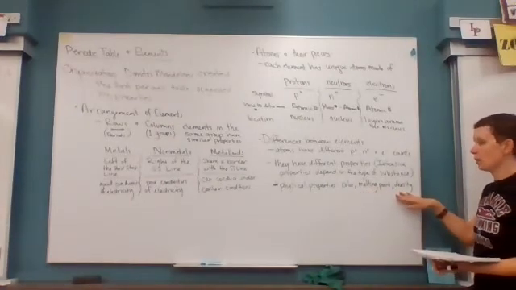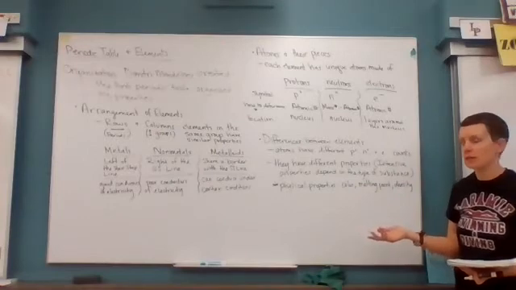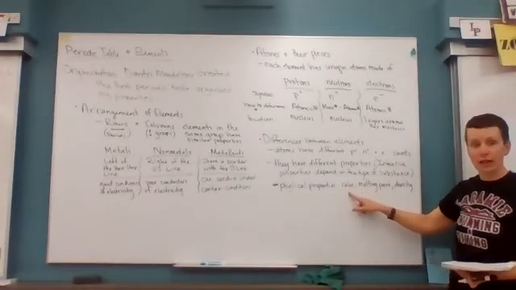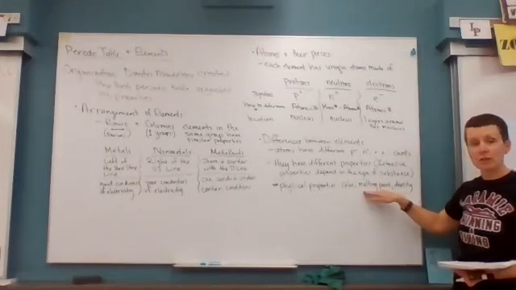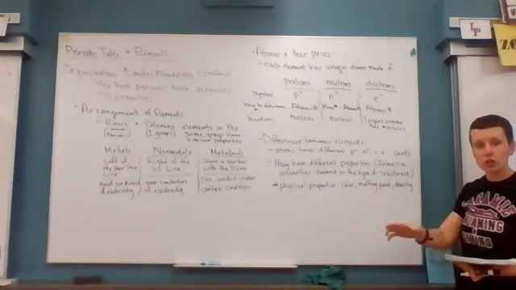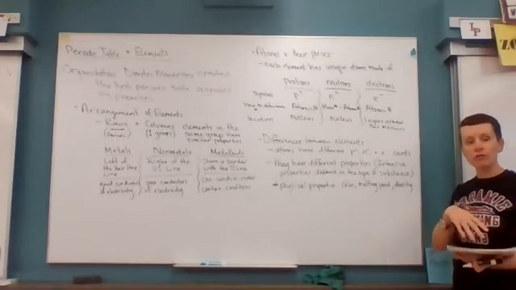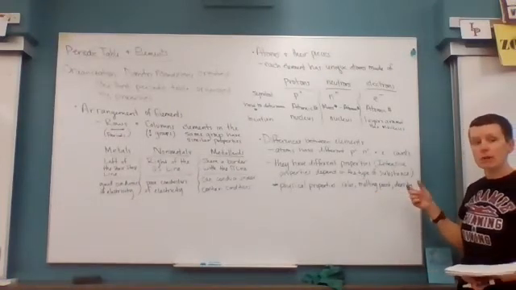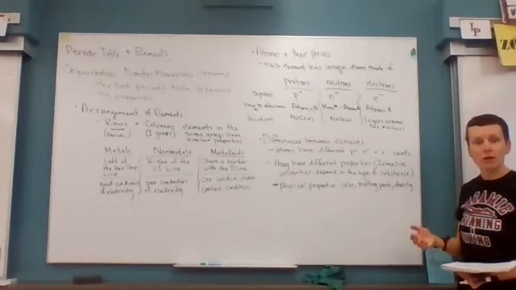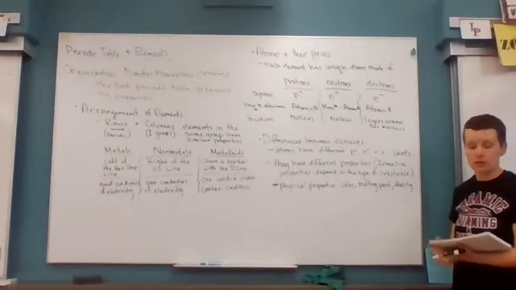These are things that I can measure about it without actually changing the substance. So I can measure its color just by looking at it, and it's still the same substance afterwards. If I melt an ice cube, it's still H2O. I haven't changed it into something new. I could refreeze it fairly easily. Density, I just measure its mass, I measure its volume, calculate its density, and I haven't actually changed the substance.